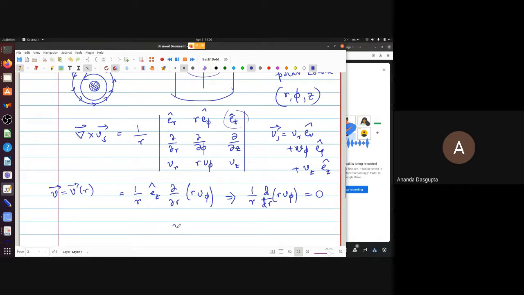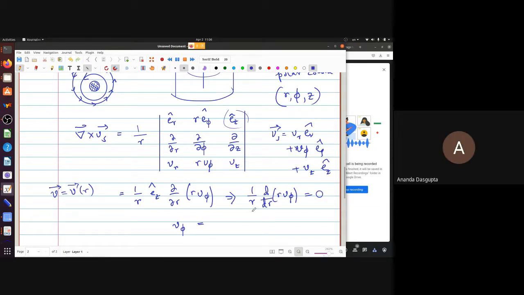So what does this tell you about V phi? This is a trivial thing to integrate and solve. V phi is a constant is not really right.